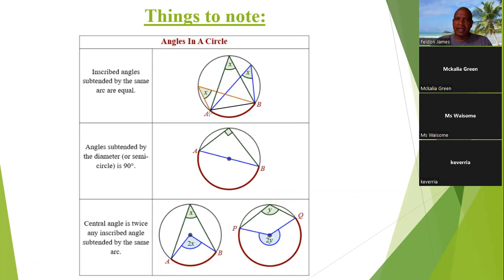Now, the arc in the lower segment would be the burgundy arc from A to B, but above the line AB would be the major arc, which is the arc that remains after you take off the arc AB.